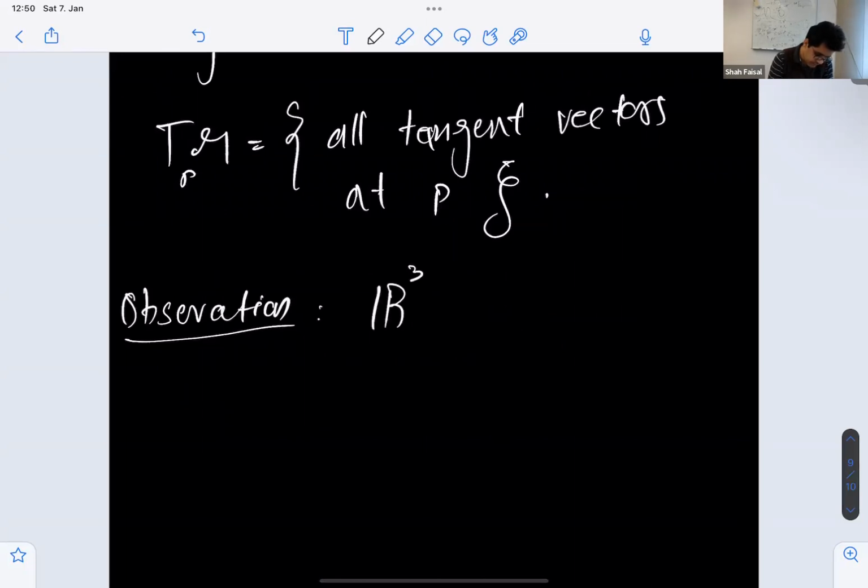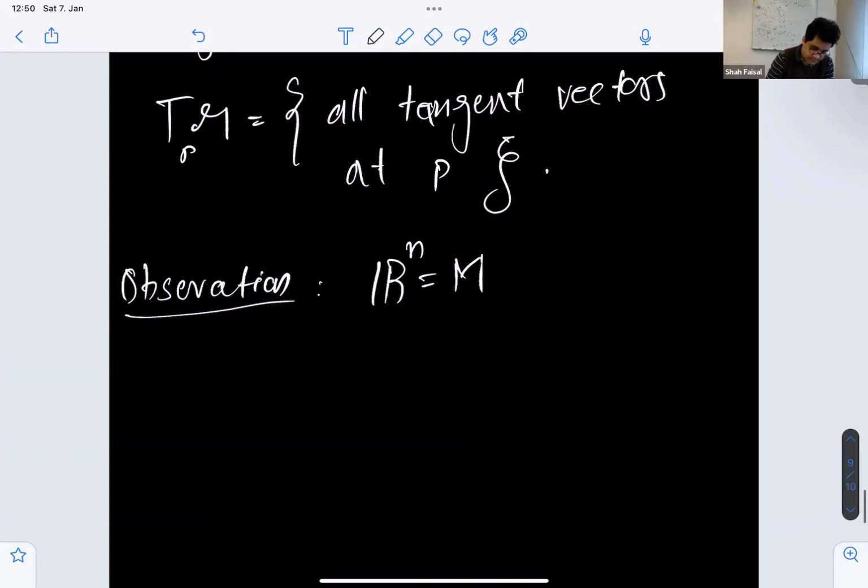If I have Rn as a manifold, so my M is Rn, then I know that these vectors, where the ith component is 1, form a basis for Rn, right?